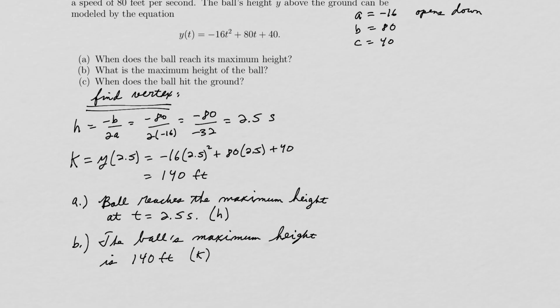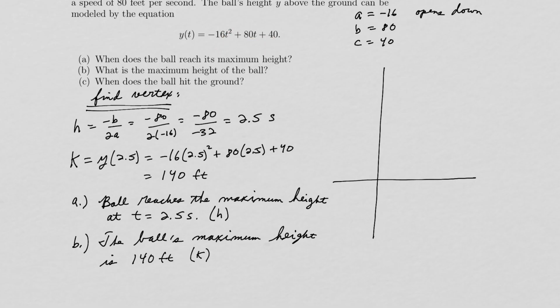Okay? Again, if you wanted to plot this, it would look something like this. In this case, there is a y-intercept, right? How do I find that? Well, if t is 0, I plug in 0 here, 0 here. I'm going to get y is equal to 40, right?